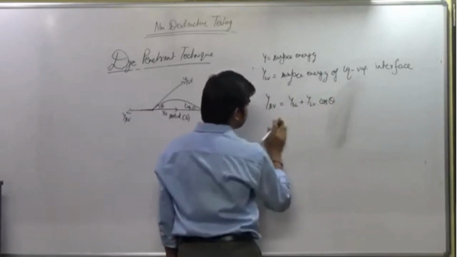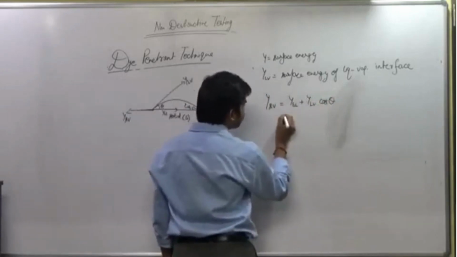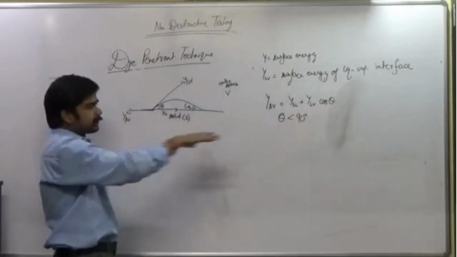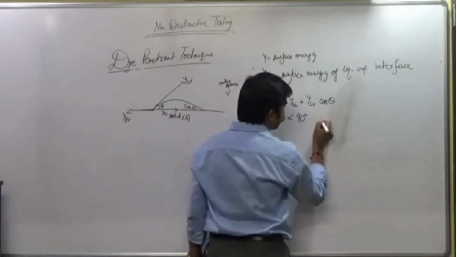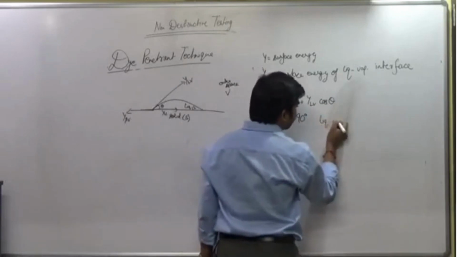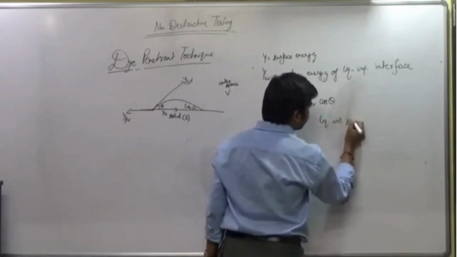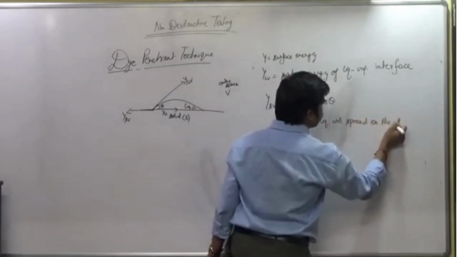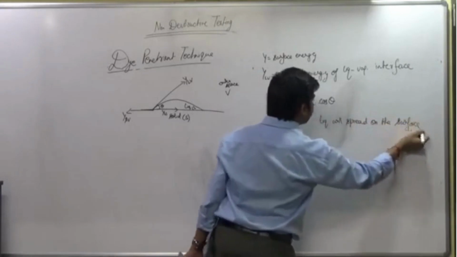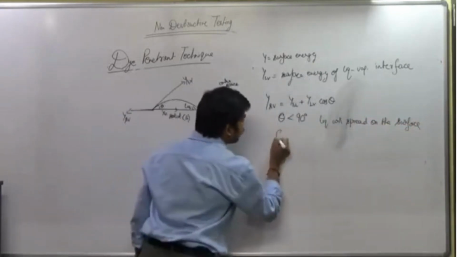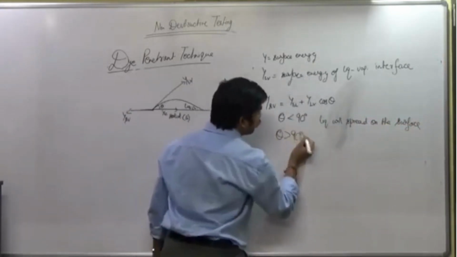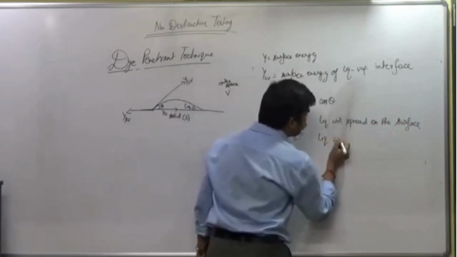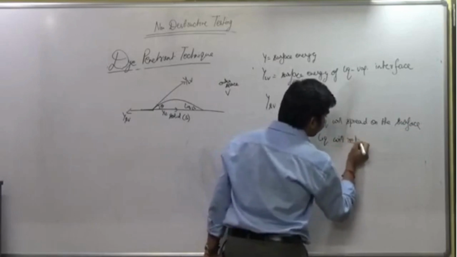So if theta is less than 90 degrees, then your droplet, or the liquid, will spread on the surface. Whereas if theta is greater than 90, then the liquid will not spread, but will repel the surface.